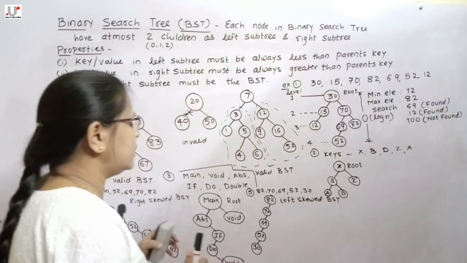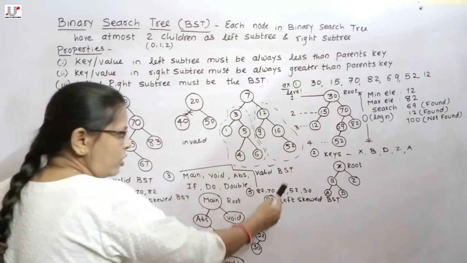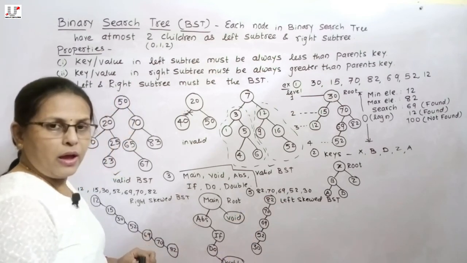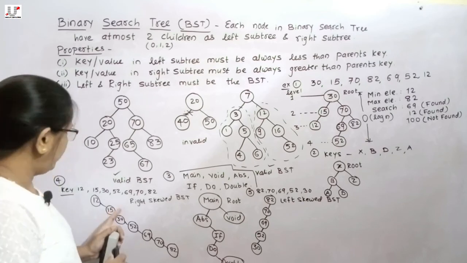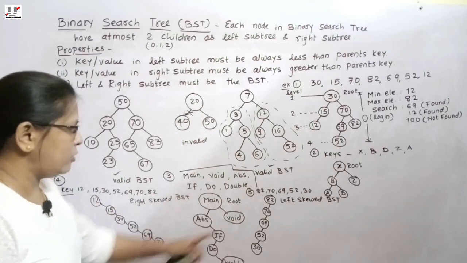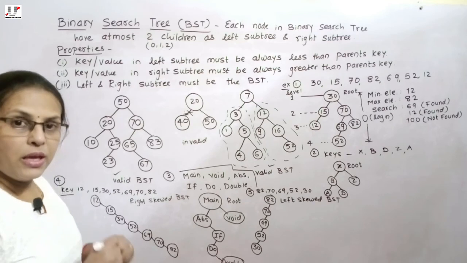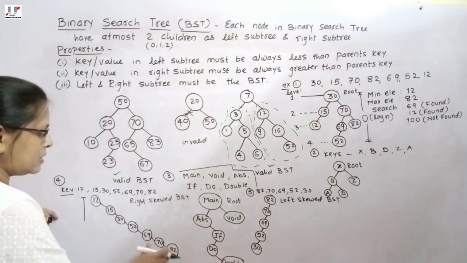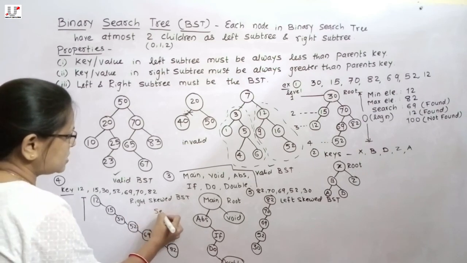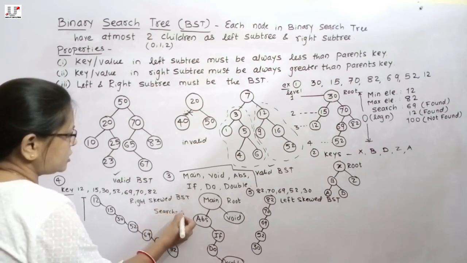Then if the tree is a right skewed or left skewed binary tree, and we want to search for an element, suppose here we want to search for 82.